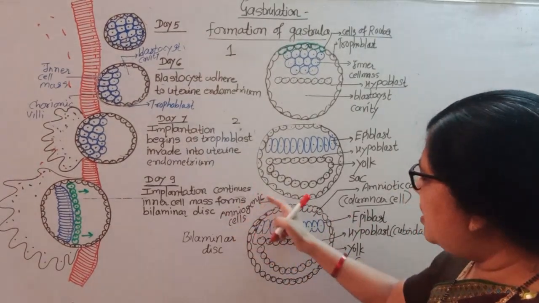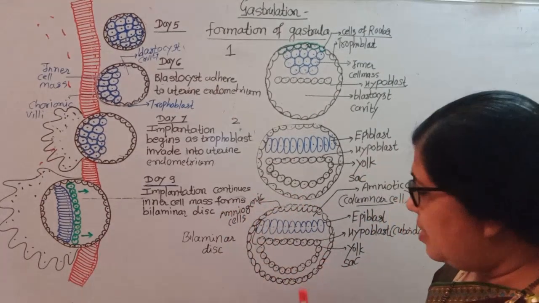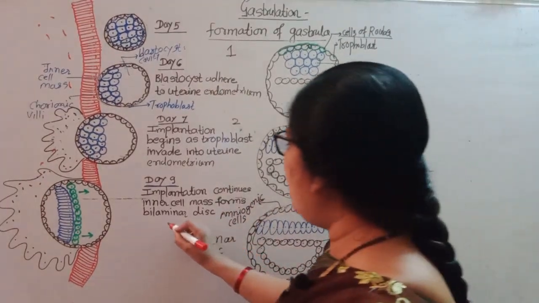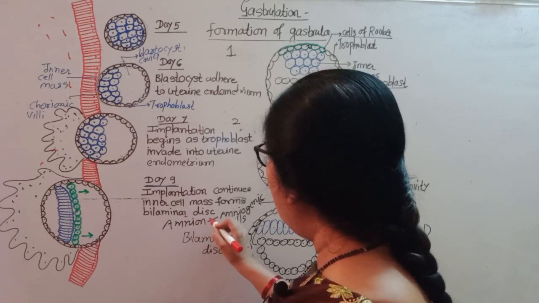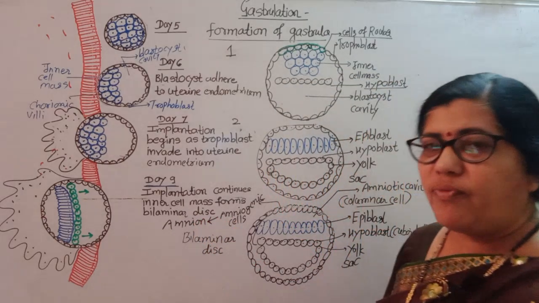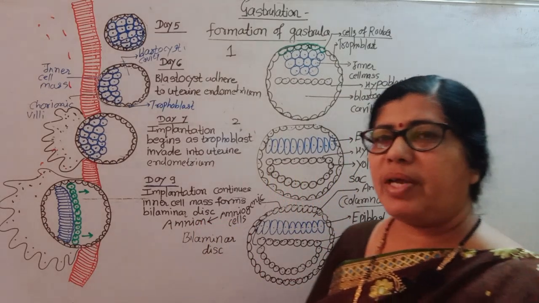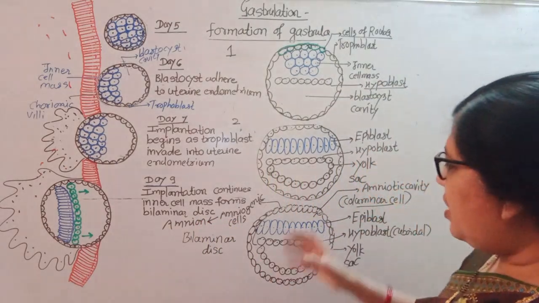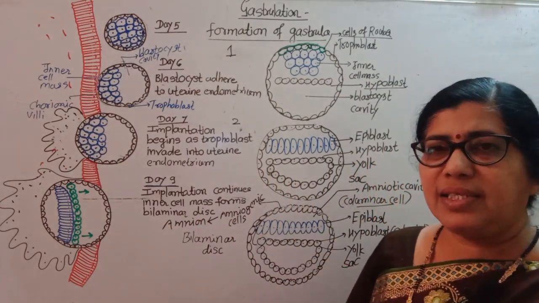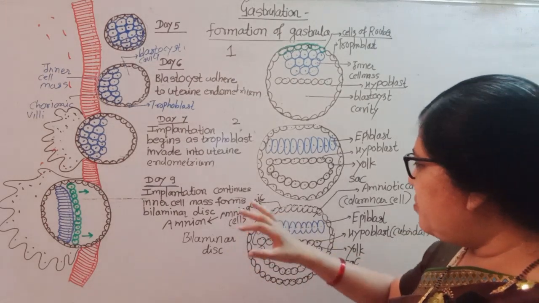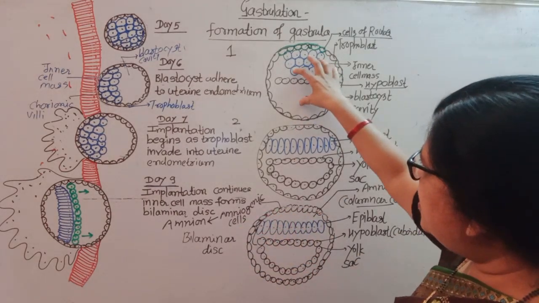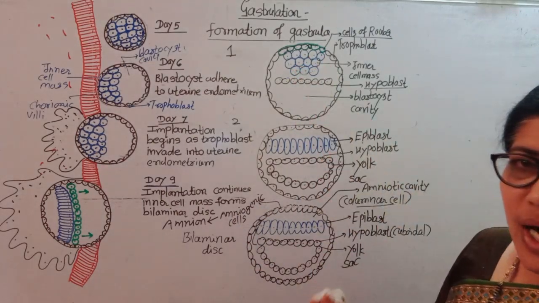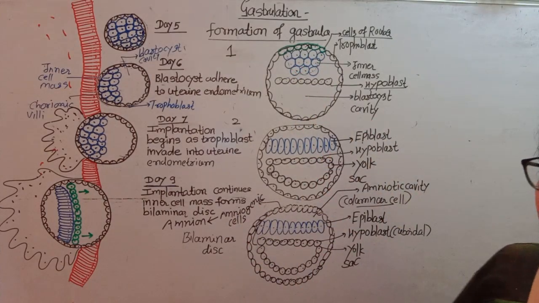Amniogenic cells form an extraembryonic membrane, and that is called the amnion, which is formed from these amniogenic cells. So this is the first step in the formation of the gastrula, or in the process of gastrulation.